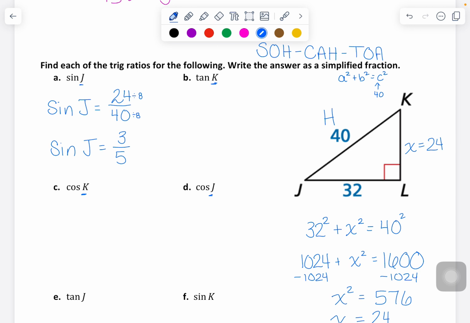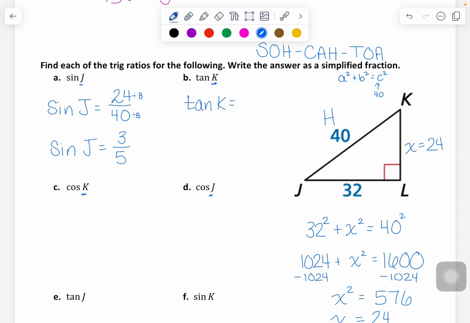Okay, next, tangent of K. Tangent is the TOA. It goes T-O-A. So I need the opposite first, getting divided by the adjacent. Now it's of angle K. Angle K is here. To go to the opposite, I'd go across. 32.